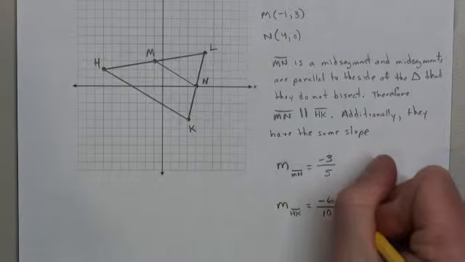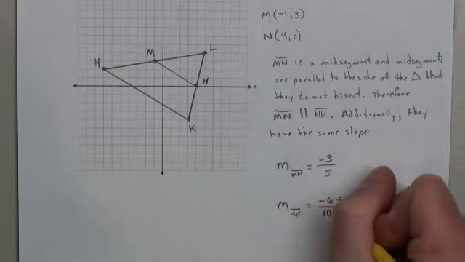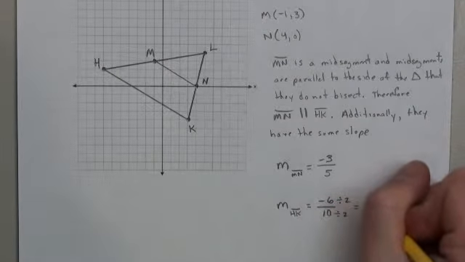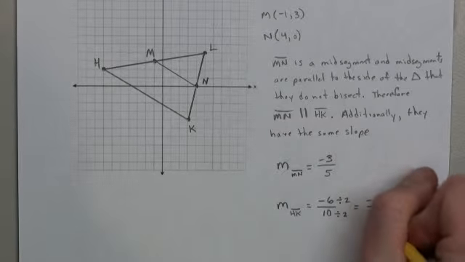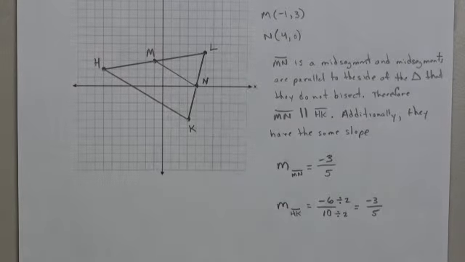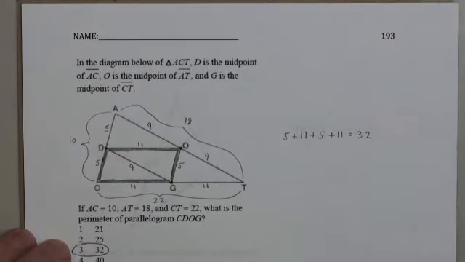Okay, and if I divide the top and the bottom by 2, I get negative 3 over 5. And I just showed that they're the same. Okay? And that is it for numbers 193 to 201, which is about mid-segments.